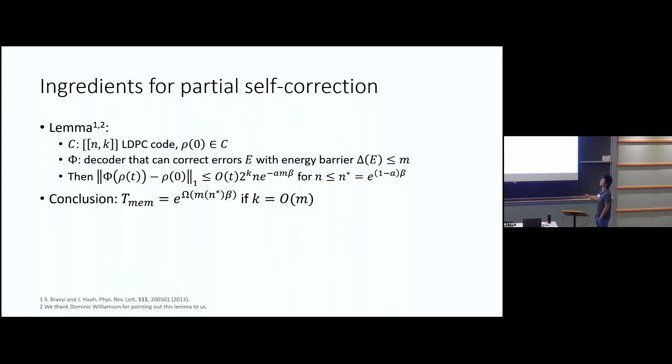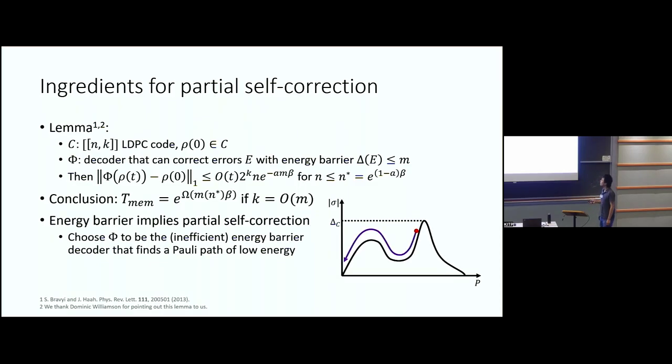Also, we want to thank Dom for telling us about this theorem, which somehow we missed while reading the paper. Anyway, the conclusion is that the memory lifetime is going to be scaling as e to the beta times the energy barrier that you can correct to at this critical system size, which is exponential in beta.